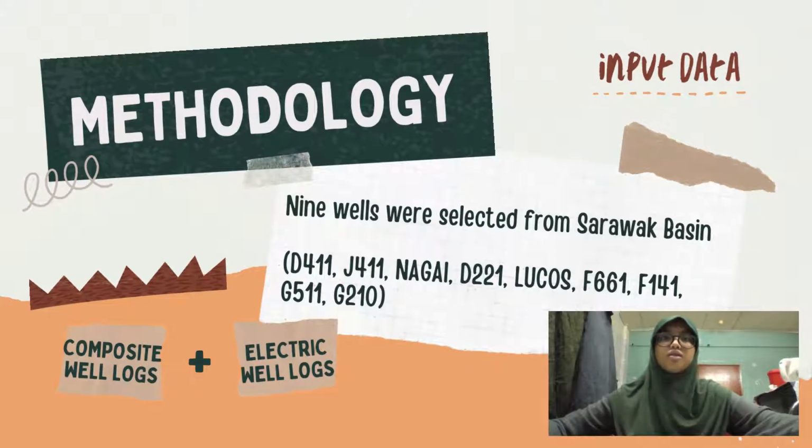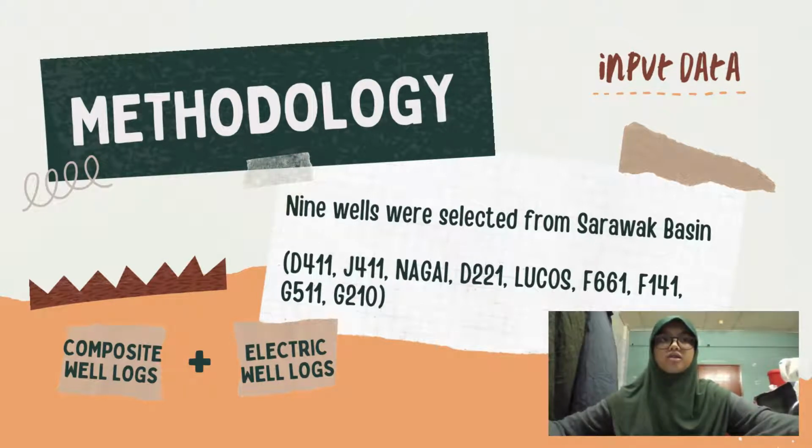So in the methodology, there will be 9 wells selected from the Sarawak Basin, and they are labeled as such. And from these 9 wells, they will be looking into composite well logs and electric well logs. The composite well logs will include primary resistivities and curves, plus interpretation of the depositional environment by stratigraphic data, biostratigraphy, and cycle boundaries.